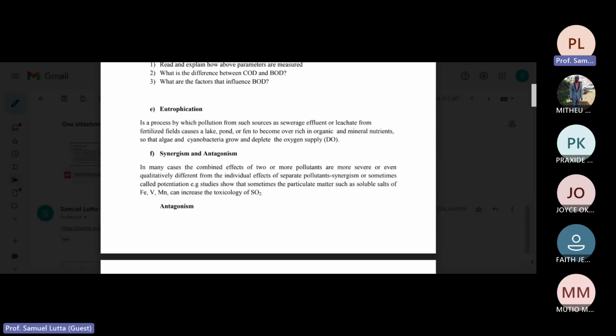So I think here we are seeing that when you have fertilizers, they'll cause this. When you have soaps, detergents will also cause this. So these are compounds which are very rich in these nutrients. And if you want to see that this effect has happened in water, then we measure the amount of algae.